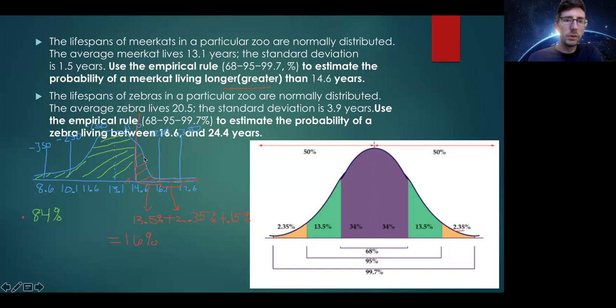Remember, 100% of our data has to be under the bell curve, or the normal distribution, total. And this is true for any normal distribution, right? So to find this answer, after we drew our picture and realized the number it was asking for was 1 standard deviation above our mean, we could have taken 100%, subtract the 84% we found, to equal the 16%.